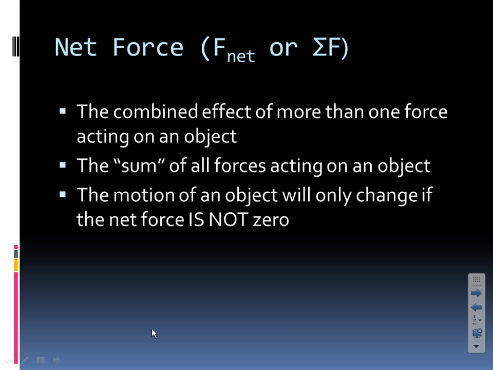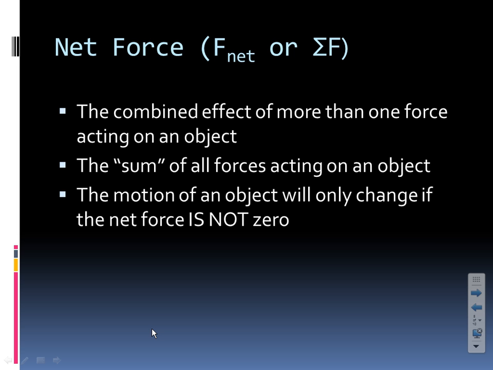The combined effect of my hand and gravity is nothing. And therefore, nothing happens. Nothing changes, right? Inertia, right? It will stay this way unless something makes it change, okay? The motion of an object will only change if the net force is not 0.